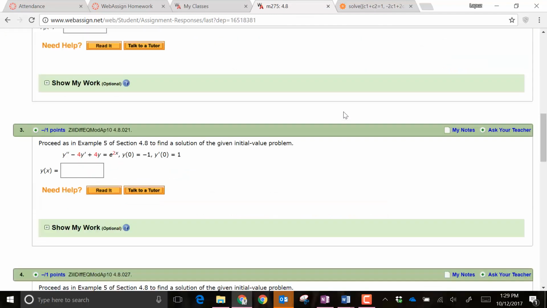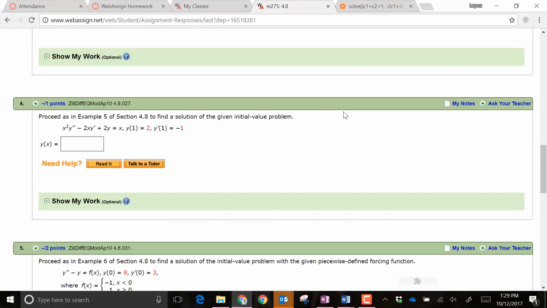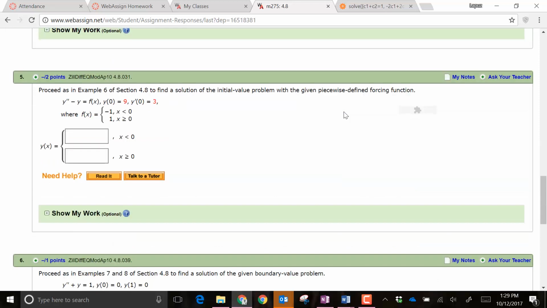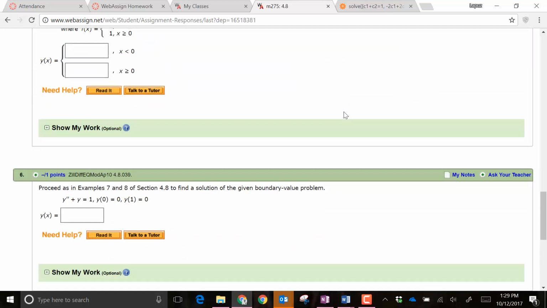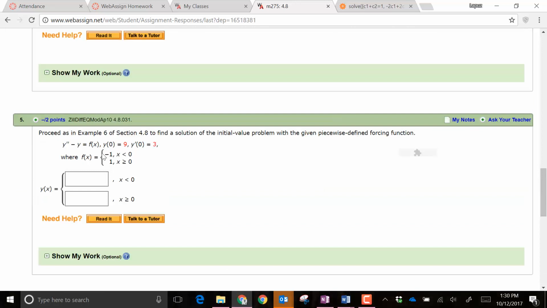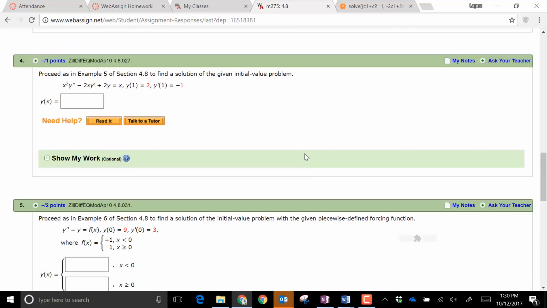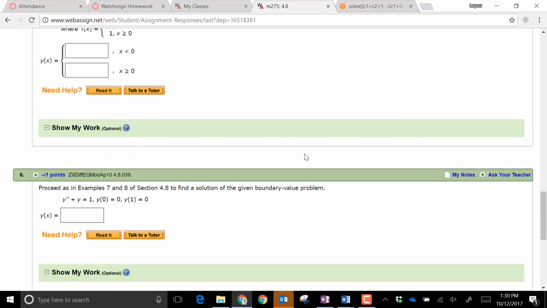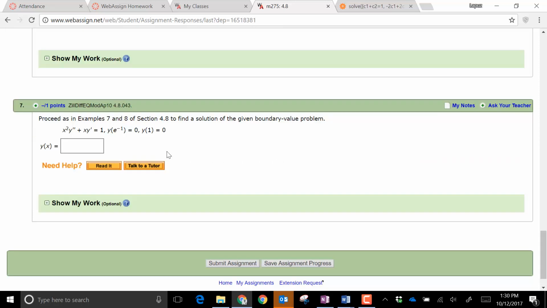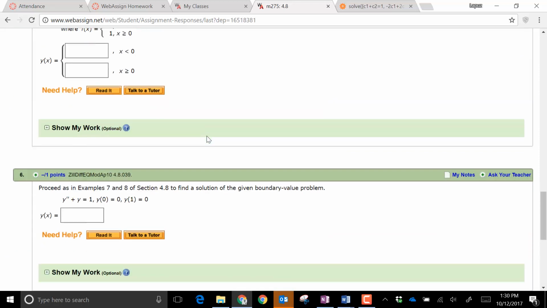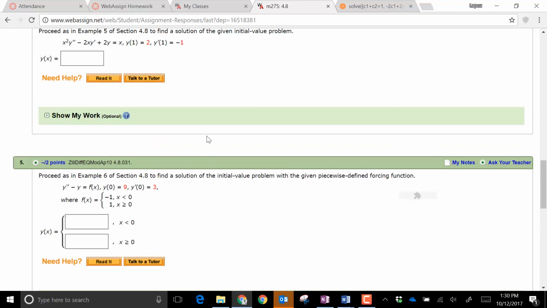How's your homework like? No, look at this one. This one has, should we try that one? Yeah, it looks like we do have a boundary problem. Well, what should we do?